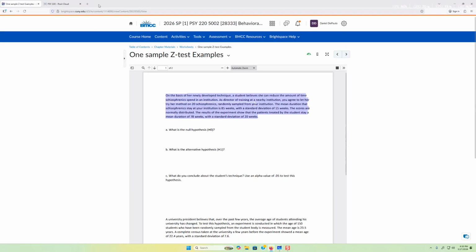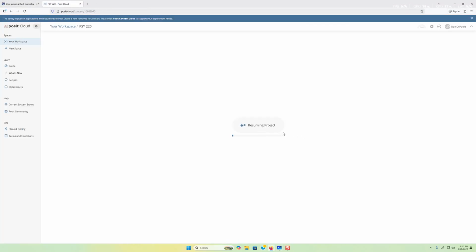I don't have the square root of 20 exactly in my head, so I'm going to use R to find it, once R decides to load for me. Okay, it's loading.